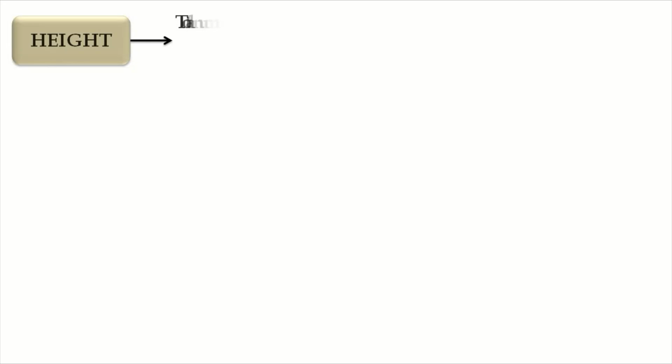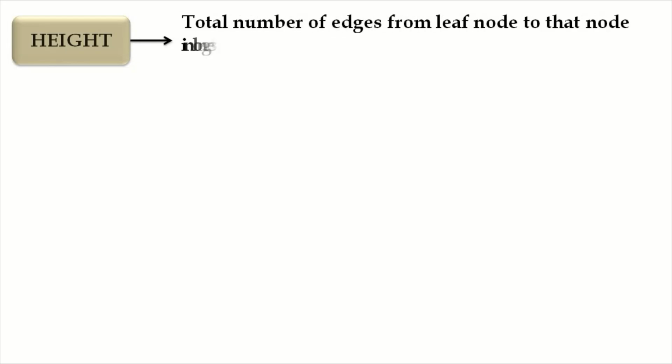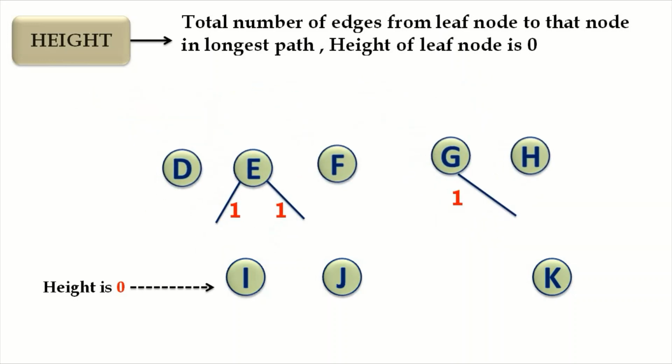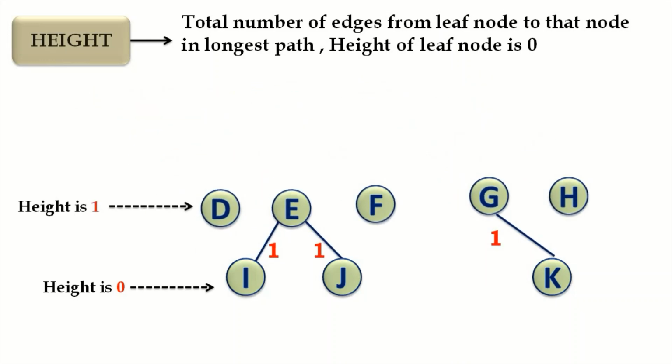Next, height. The total number of edges from a leaf node to that node in the longest path gives the height of the node in a tree. So we calculate height from the leaf node. It initializes with 0. So these are the leaf nodes. The height of the leaf nodes by default is 0. These leaf nodes are connected to their parents and the height of their parents is 1.